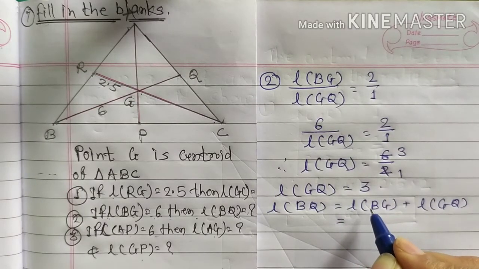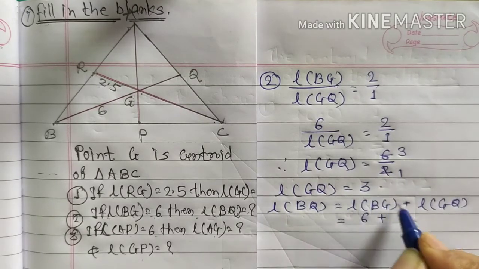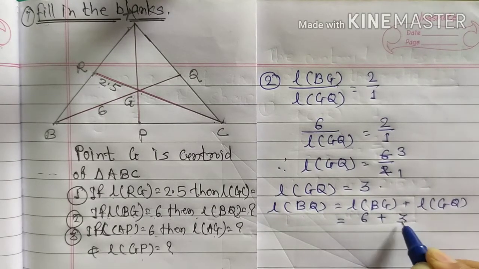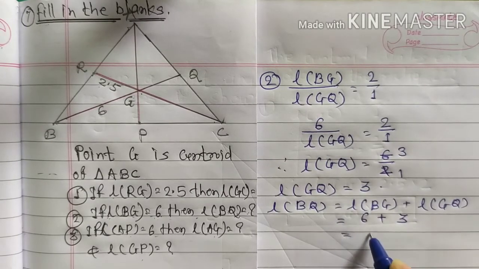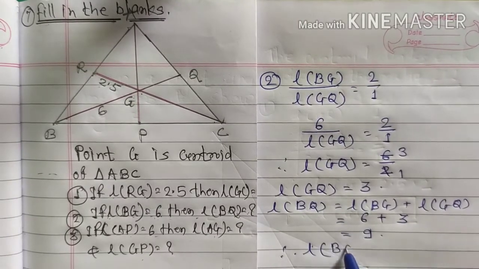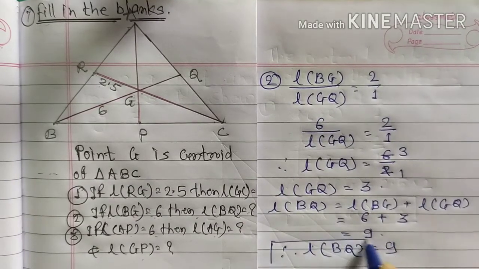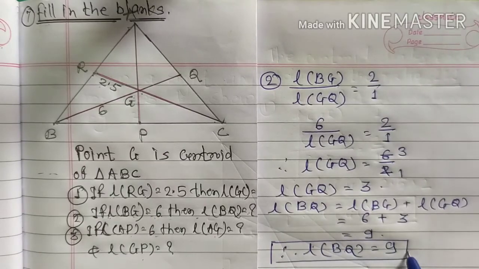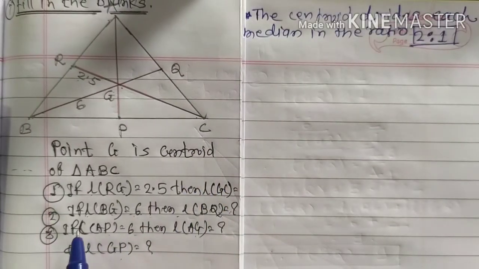Then we fill in the value of BG, that is given 6, plus the value of GQ, which is 3, is equal to 9. Hence, length BQ is equal to 9. Let's see example number 3.